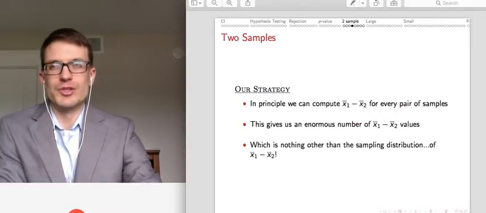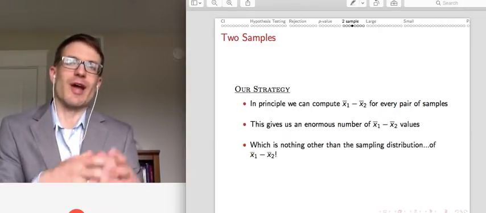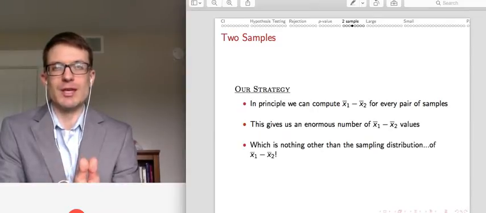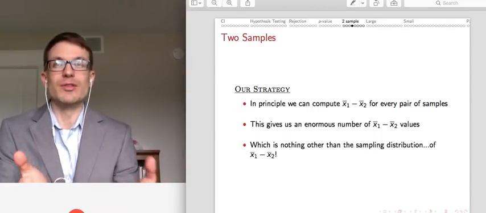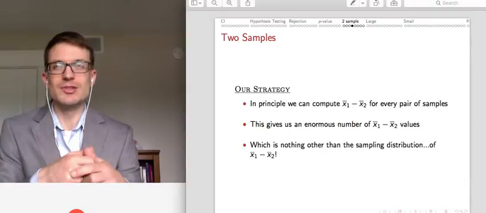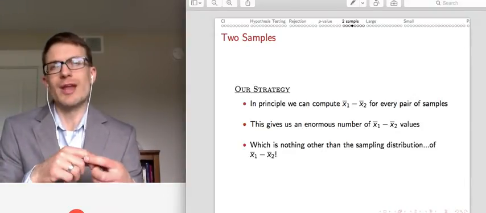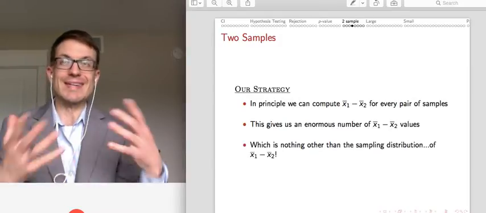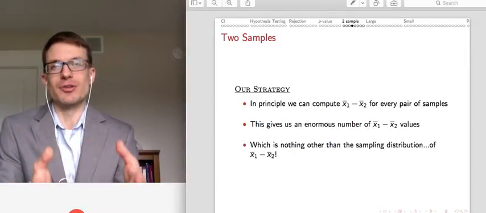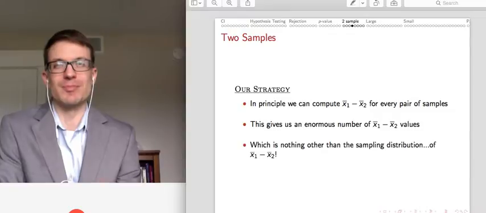Now we can subtract the two means, and that'll give us our estimate of the difference of the population means. In principle we could then compute the difference in sample means for all possible pairs of samples, though we wouldn't actually need to do this. If we did, it would provide us with the sampling distribution of the difference of the sample means.